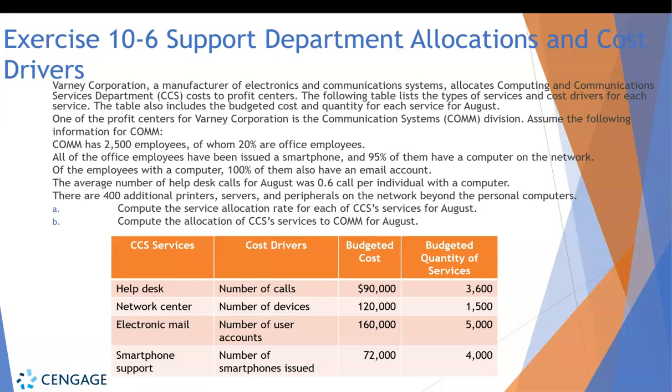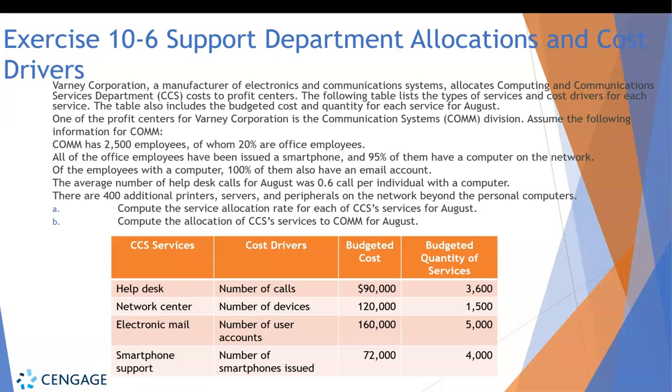They've got 2,500 employees, 20% are office employees. All of the office employees have been issued a smartphone. 95% of them have a computer on the network, and of the employees with a computer, 100% of them have email accounts. The average number of help desk calls for August was 0.6 calls per individual with a computer.